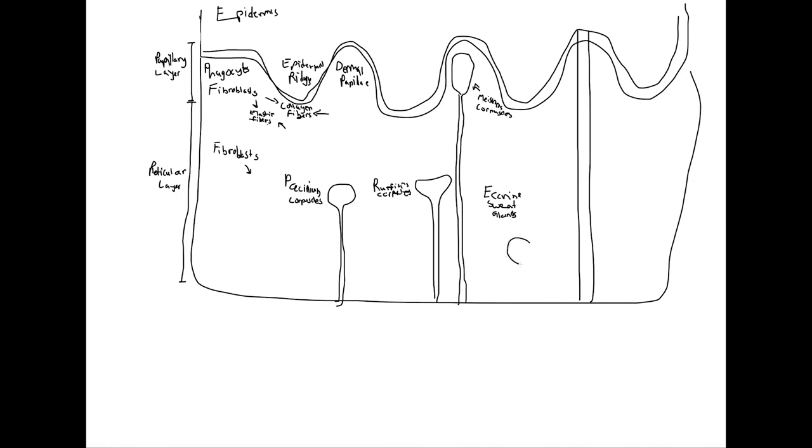I'll do my best to draw a simple version of it. Actually, if you want an accurate representation, just probably look one up, but yeah, I'll just draw a spiral to represent part of the eccrine sweat glands.